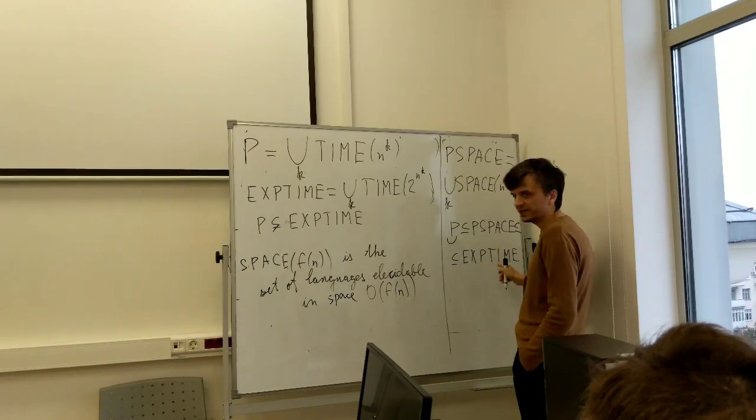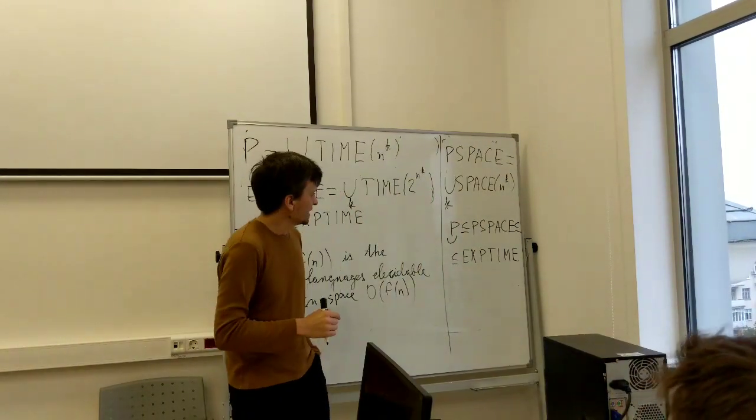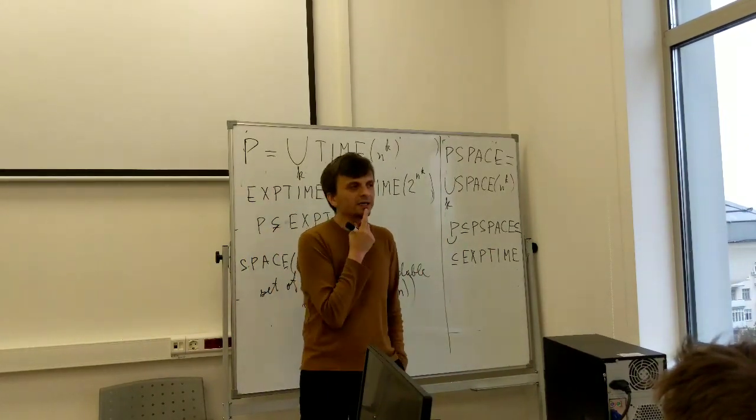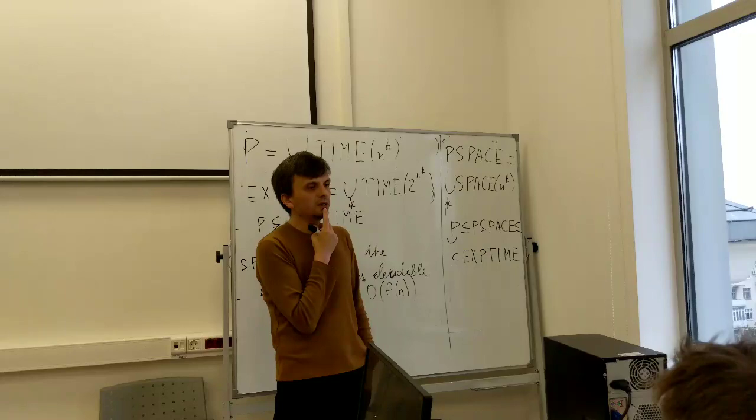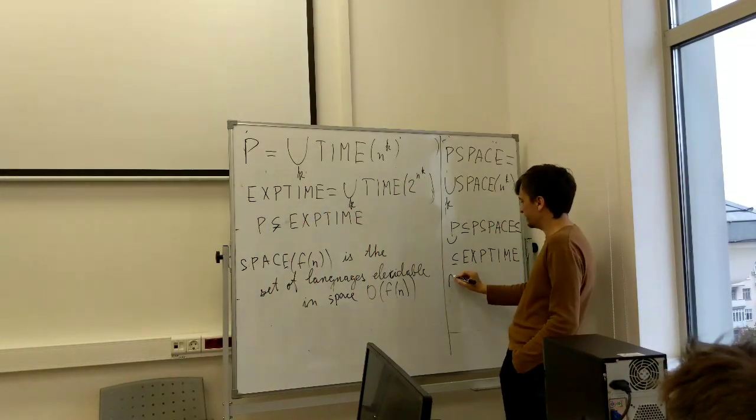And I think I have to explain it at least briefly, because there will be some exercises related to that. So why is PSPACE a subset of EXPTIME? Well, suppose you use f of n space.